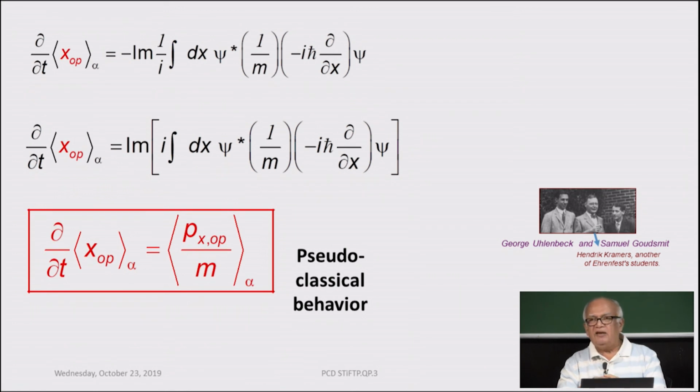And on the left hand side you have the time derivative of the expectation value of the position operator. And what is the time derivative of position with respect to time in classical mechanics? It is the velocity. So, you get the velocity on both sides, right. But this result is completely quantum mechanical and it has a pseudo classical structure, right.